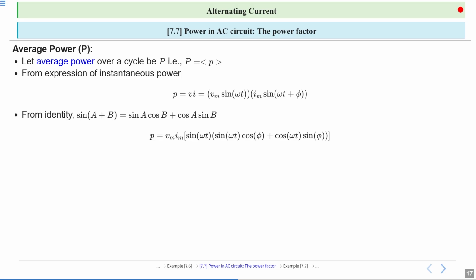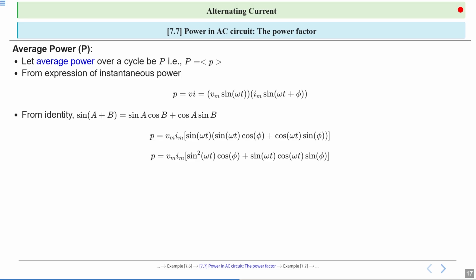Sin omega t multiplied by the first term becomes sin square omega t cos phi, and multiplied by the second term becomes sin omega t cos omega t sin phi, with Vm Im outside the bracket. This is the expression.